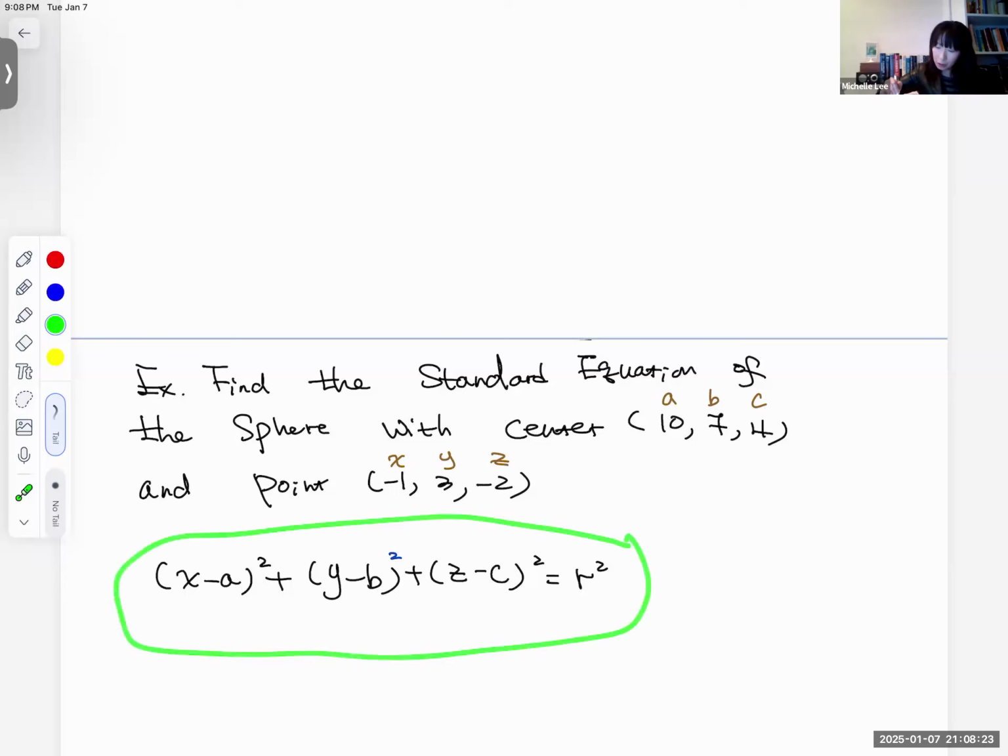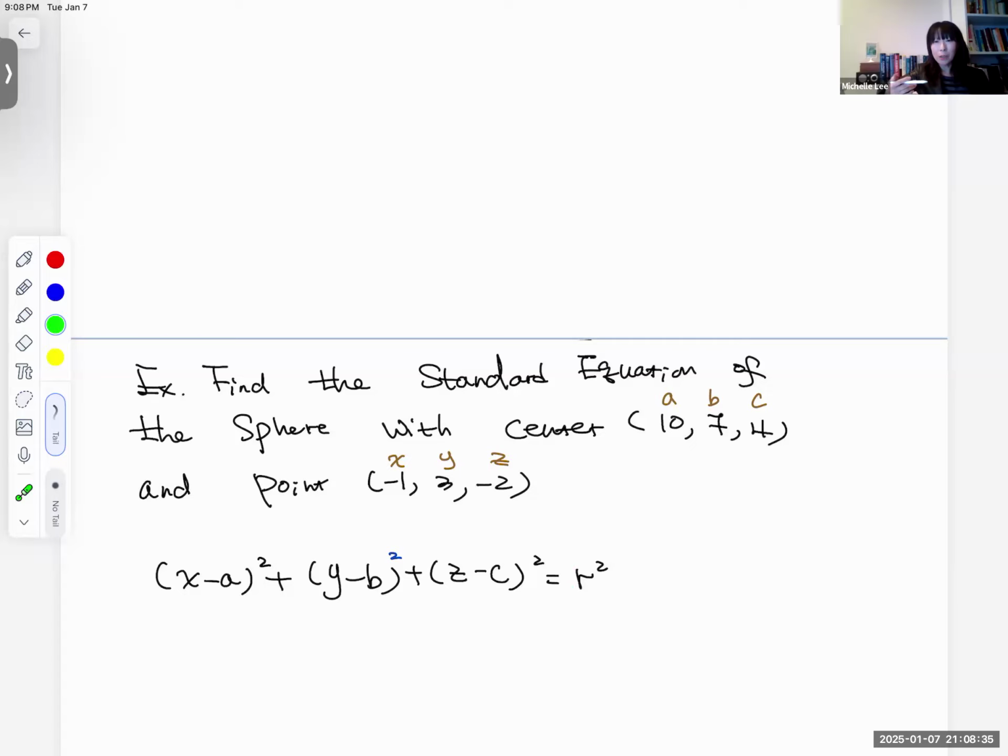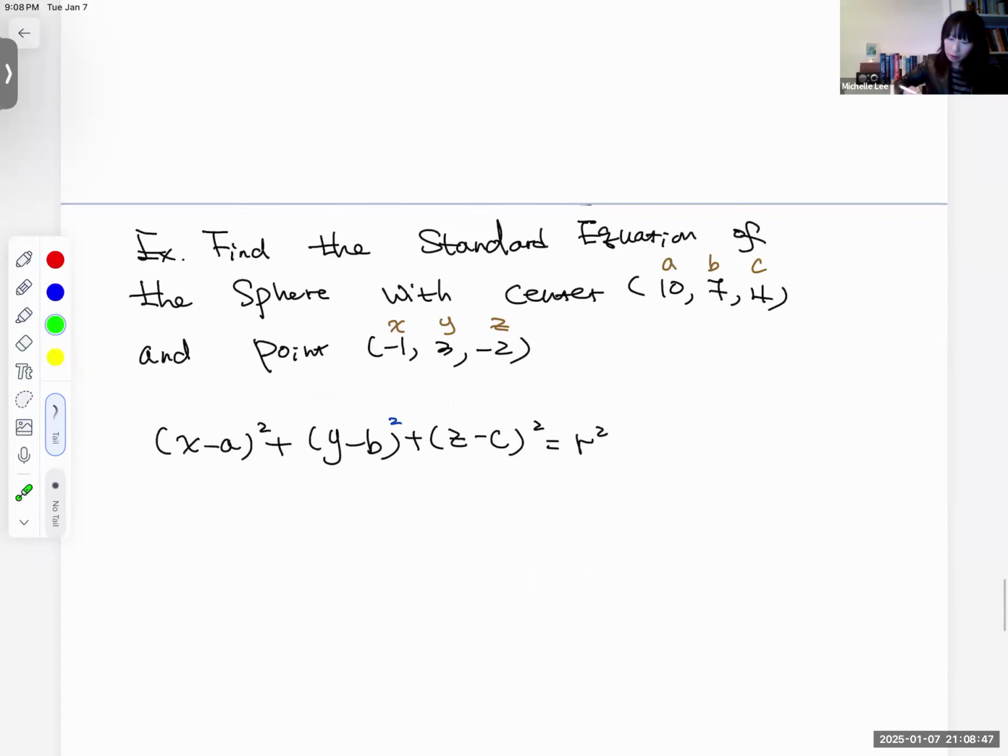This is the standard equation of a sphere. We know a, b, c. Then we just need r squared. That's it. Then we need to find only r, right? And we can just square them, right? So how do you find r?